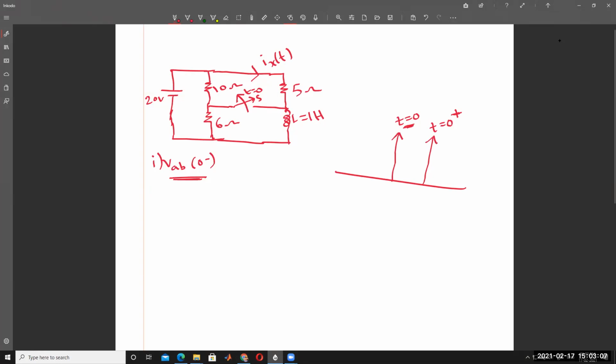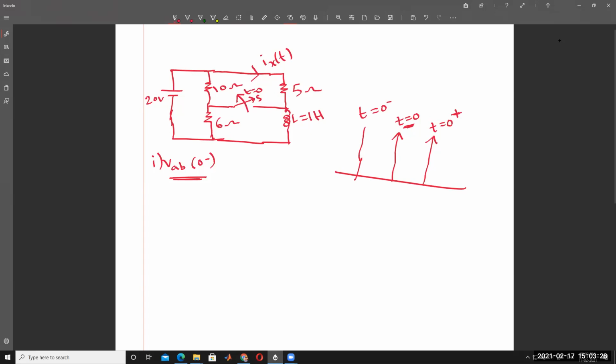Okay, for example, after 1.1 milliseconds, this is the circuit condition. We have to find the VAB for this. Or VAB just before the switching action is called t is equal to 0 minus.